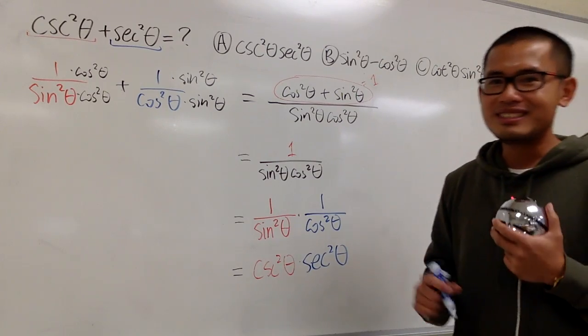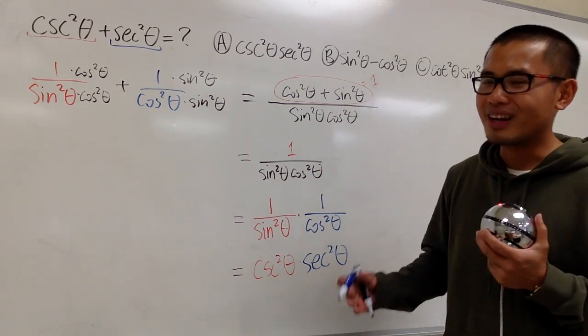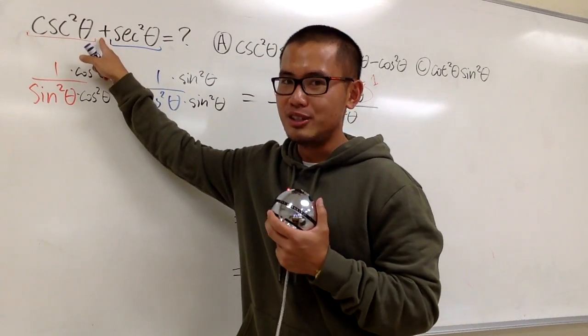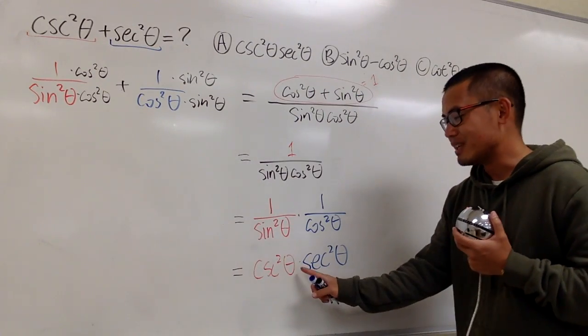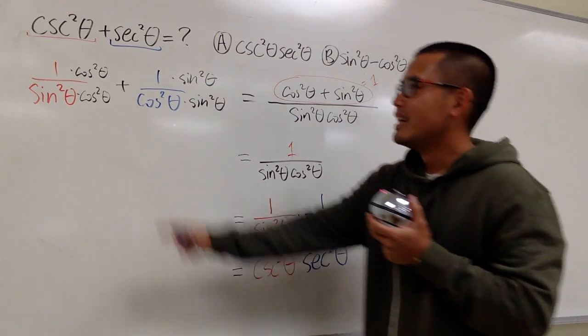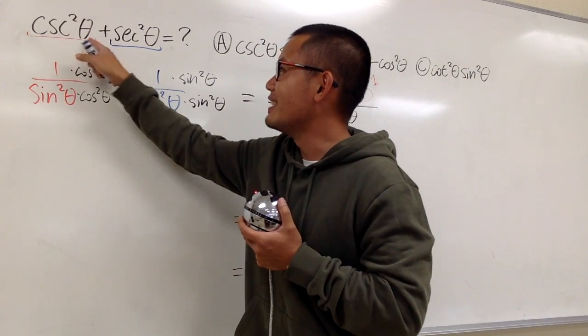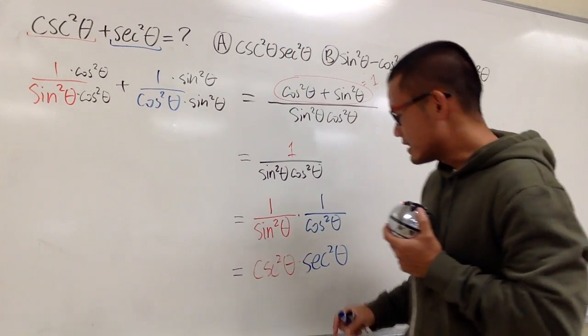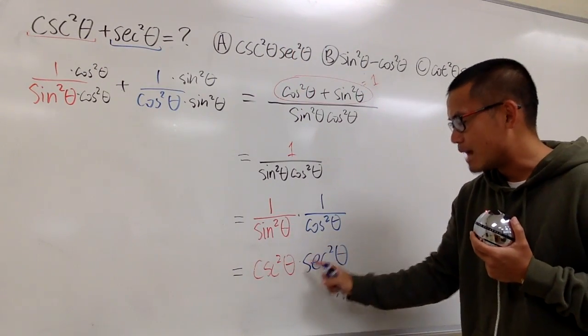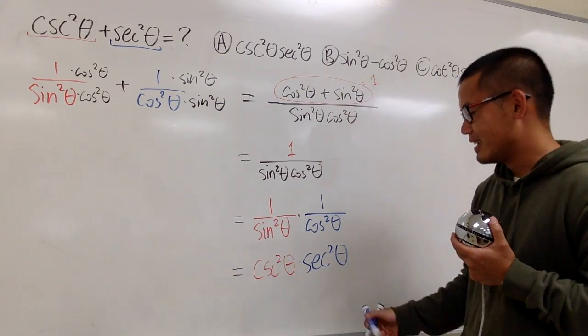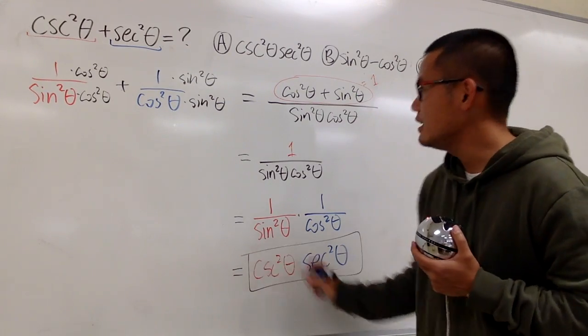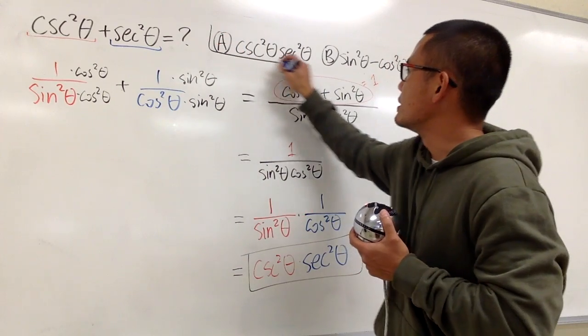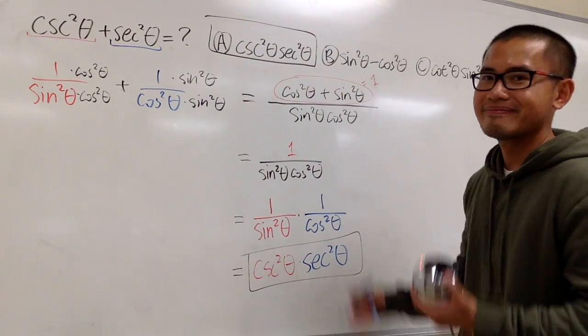So if you notice, this is the tricky part, or maybe the fun part. Originally, this was addition, but in fact, it's the same as a multiplication. Cosecant squared theta plus secant squared theta is the same as cosecant squared theta times secant squared theta. All right? So indeed, they are equal, and this is choice A right here. That's it.